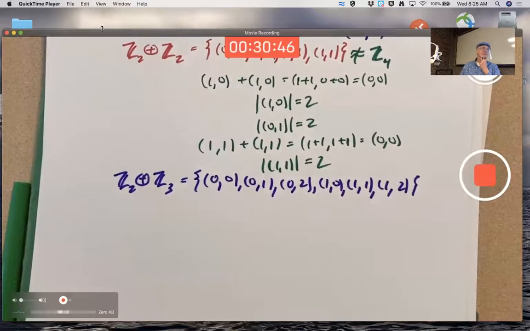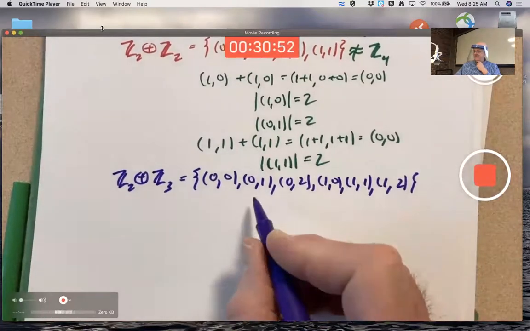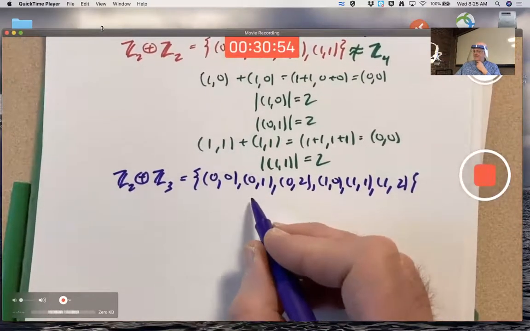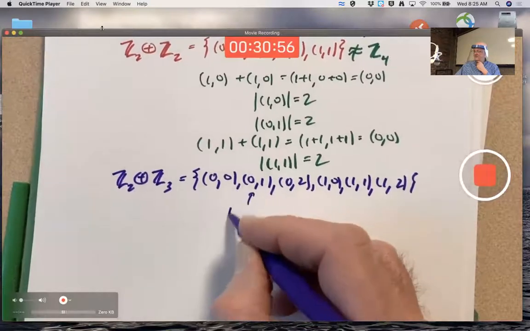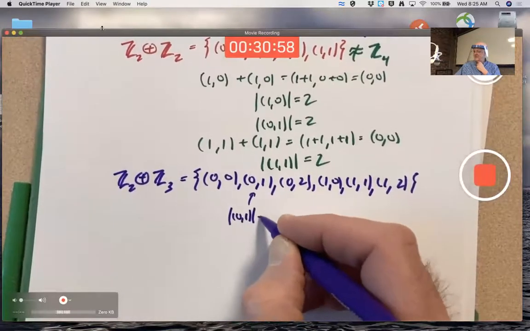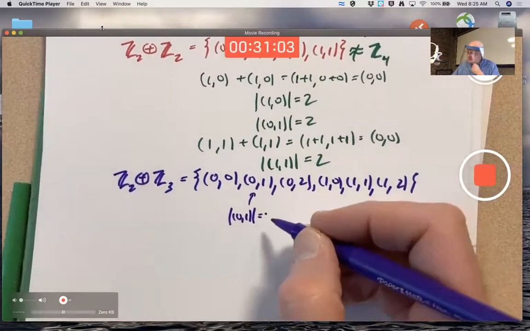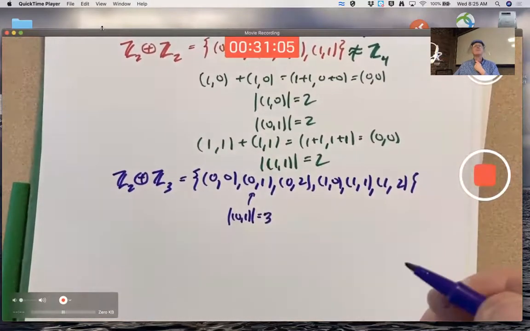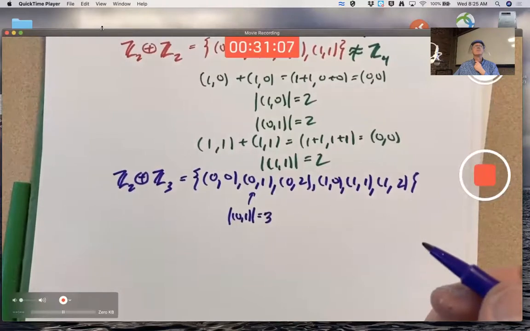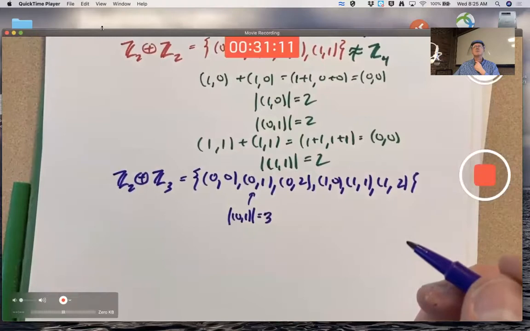We might wonder, is this cyclic or not? Well, certainly, if you think about it here, the order of 0, 1 would be 3, right? Add that to itself 3 times, you'll get back to 0, 0.